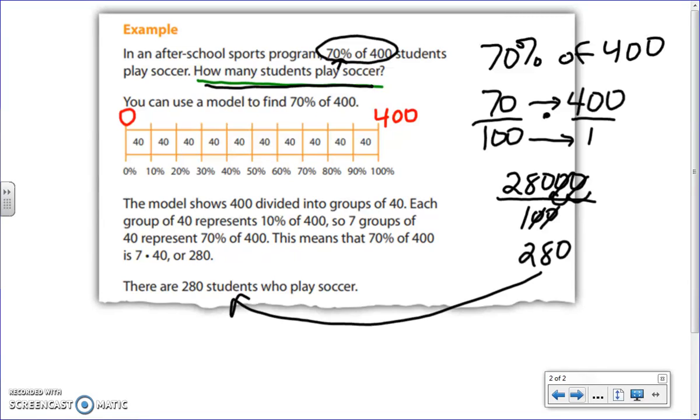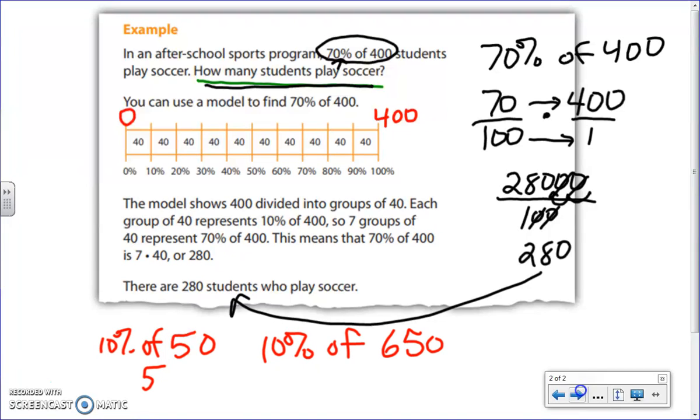So I know, because I've done a lot of math problems in my day, that if I said 10% of 50, that would be 5. Or 10% of 650, that would be 65. Or 10% of, oh, I don't know, 1,234, that would be 123.4.